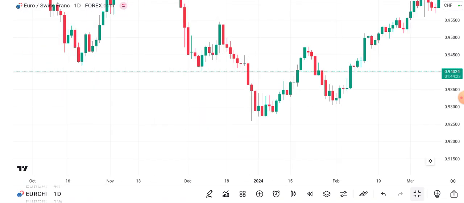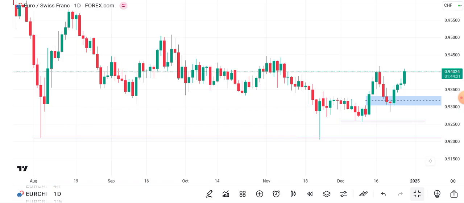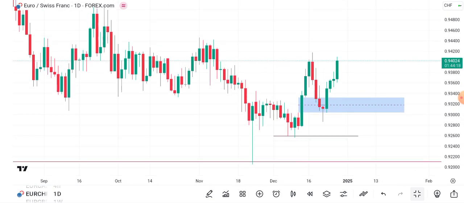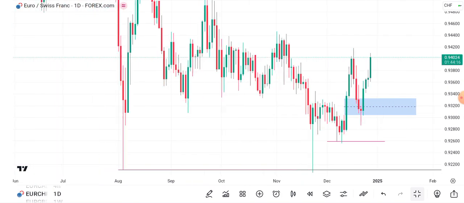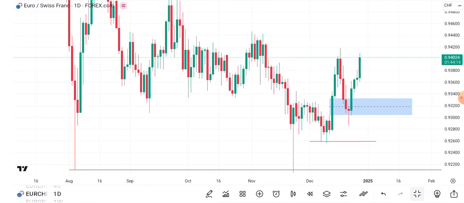So on the daily time frame, now look at what we have. The stop point on the weekly. Now this is the stop point on the daily time frame, just this little stop point here. So this is a whole lot of data. I waited for this trade.